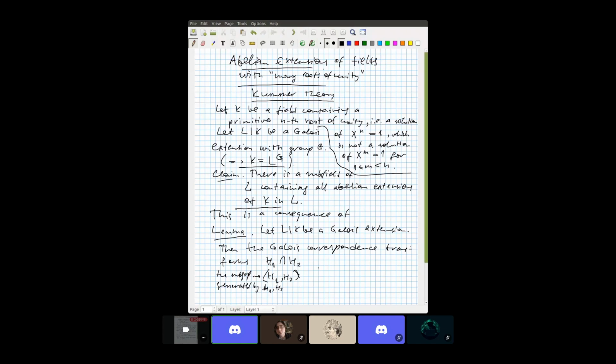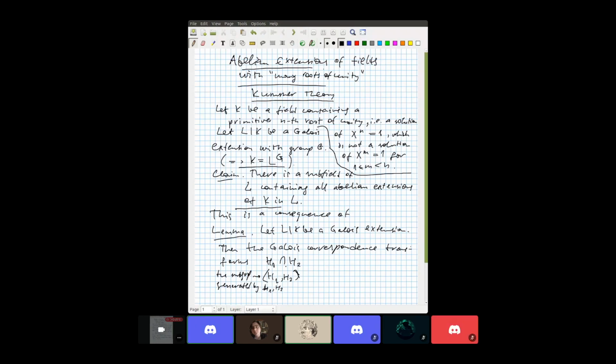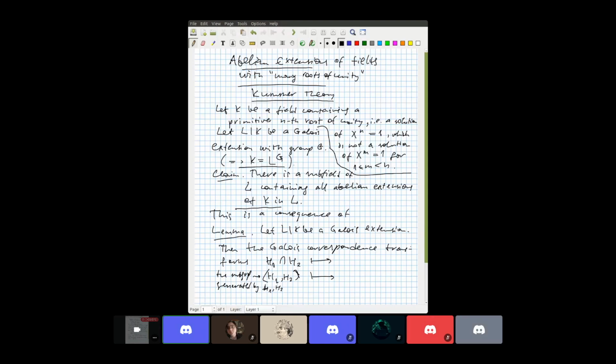So we want to say that the compositum of subfields corresponds to intersections of subgroups, and the subgroups generated by certain subgroups correspond to intersections of subfields.